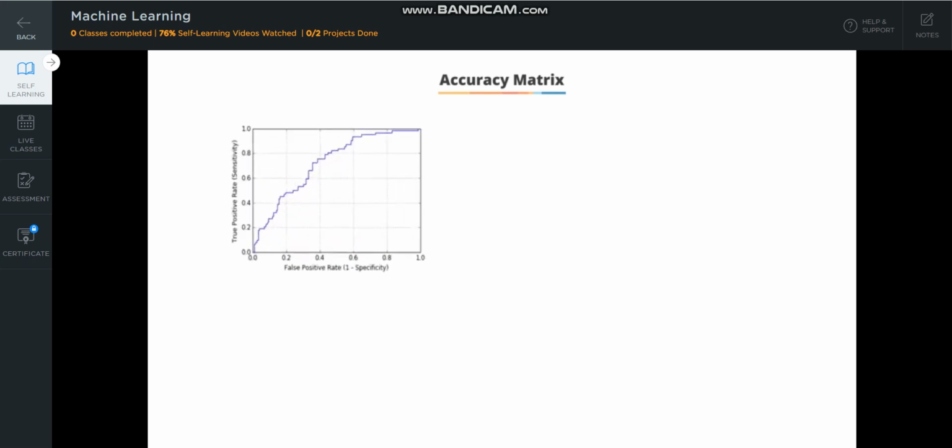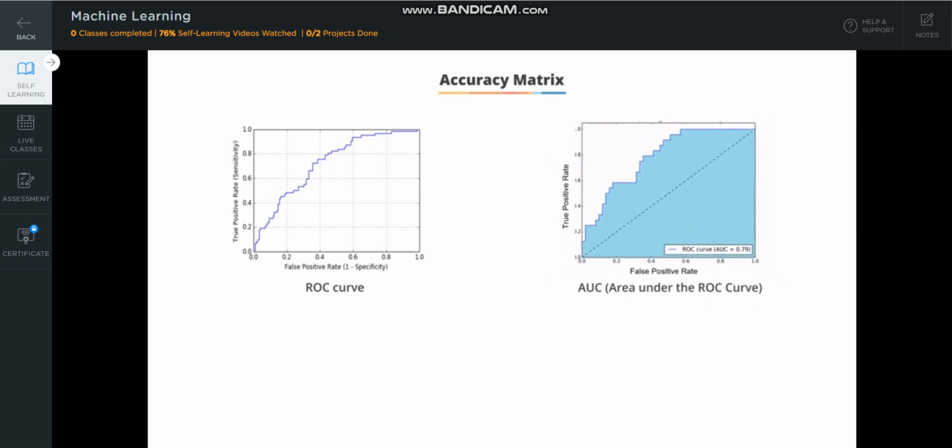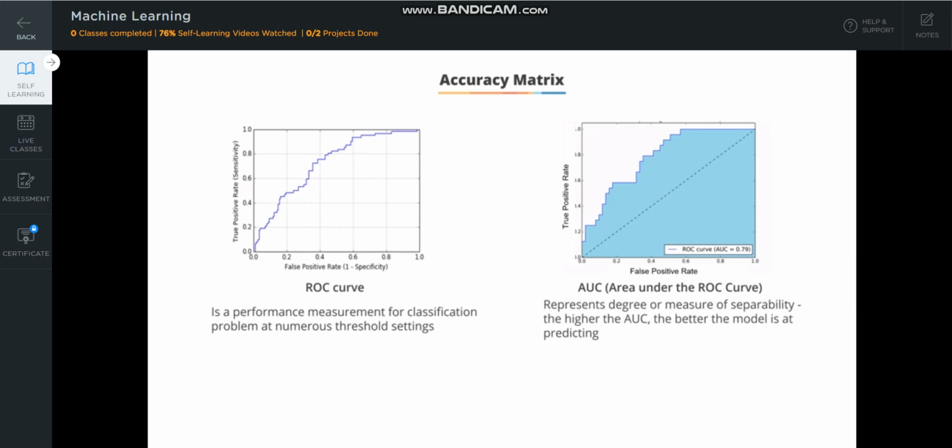Accuracy matrix includes the ROC curve, receiver operating characteristics curve, and AUC, area under the ROC curve. AUC-ROC curve is a performance measurement for classification problems at numerous threshold settings. ROC is a probability curve, and AUC represents the degree or measure of separability.